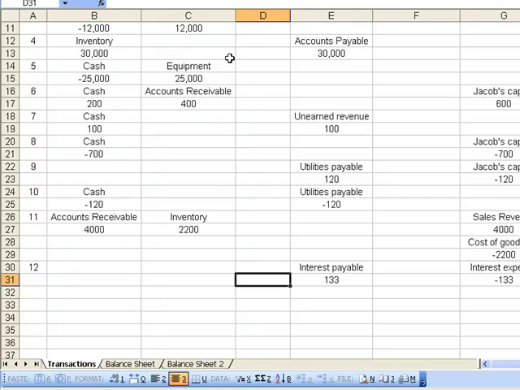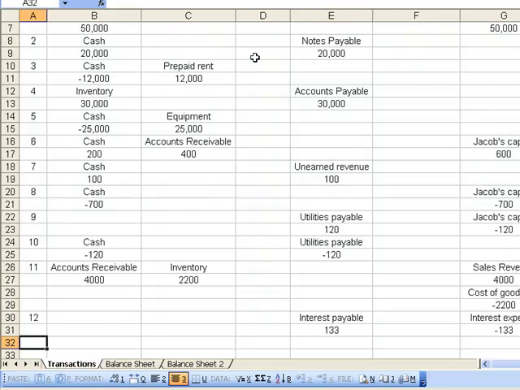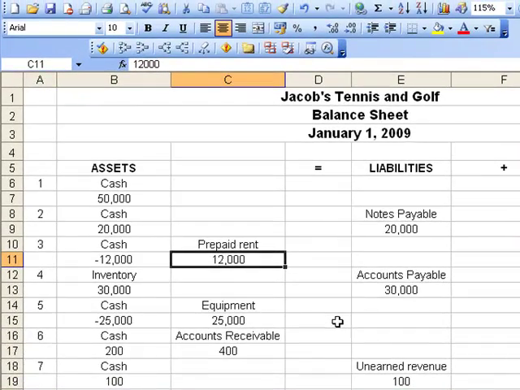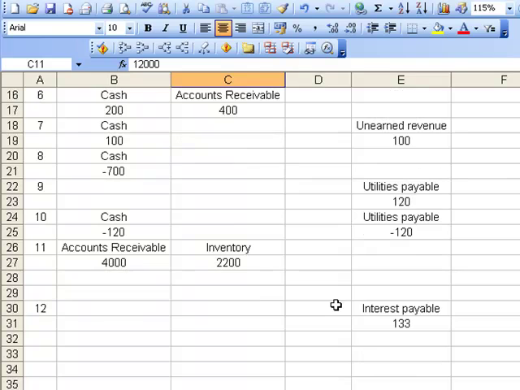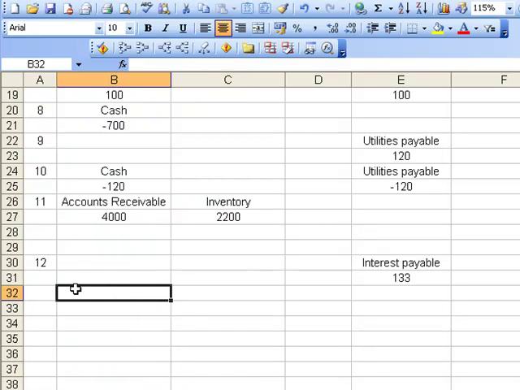Another issue is the rent expense. As you may recall from our previous transactions, it was 12,000 for a whole year, and it was prepaid rent. Now we need to adjust it each month so that at the end of the year we have a total of 12,000 expense, and proportionately the prepaid rent becomes 0.